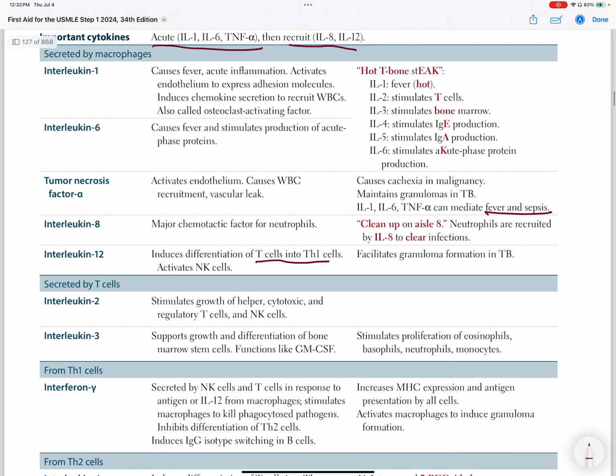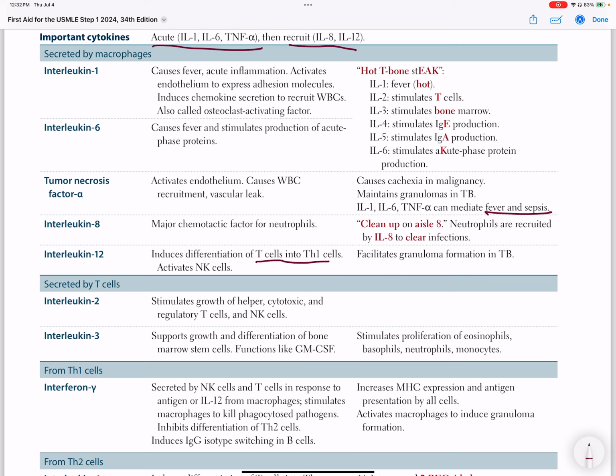Important cytokines. Acute phase: IL-1, IL-6, TNF alpha, then recruitment by IL-8, and IL-12. Secreted by macrophages. IL-1 causes fever and acute inflammation, activates endothelium to express adhesion molecules, and induces chemokine secretion to recruit WBCs. It is also called osteoclast activating factor.